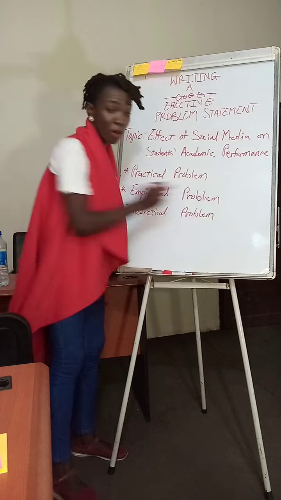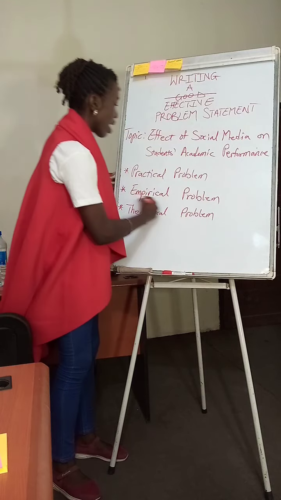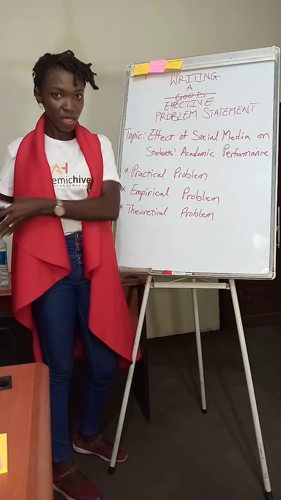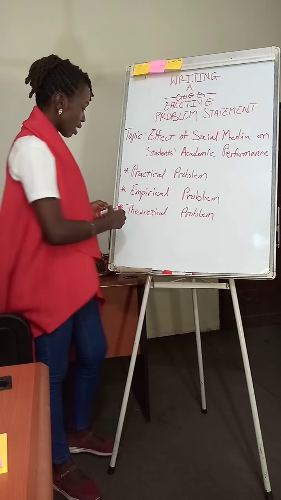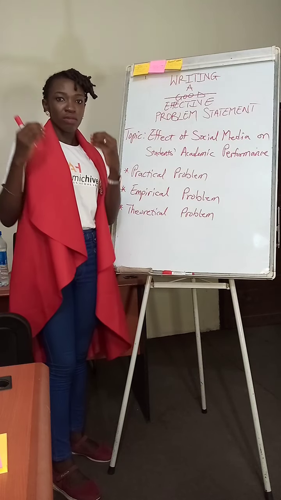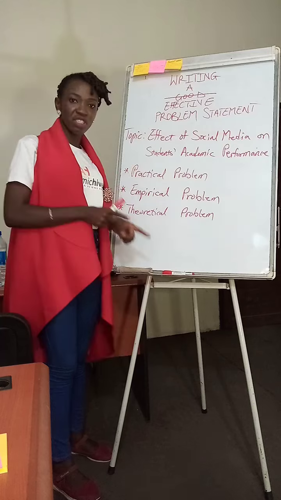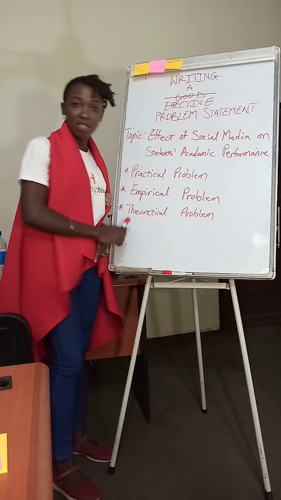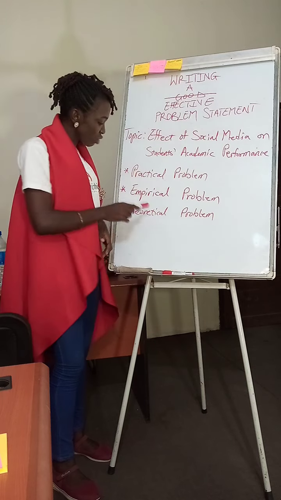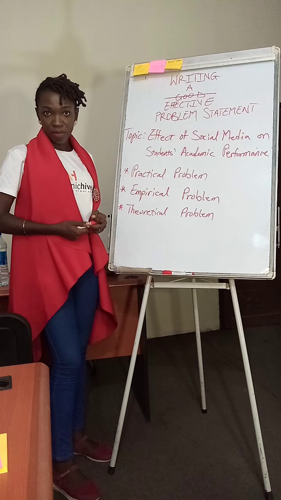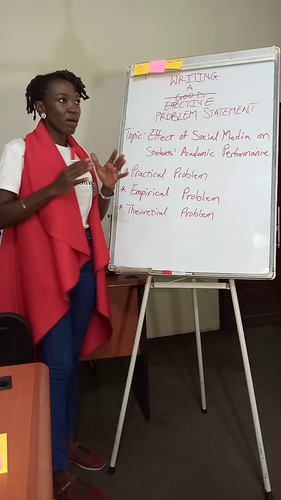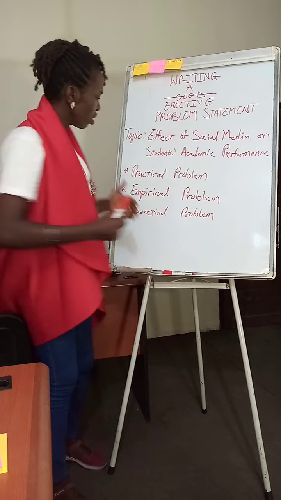The practical problem, what is observed; the empirical problem, what other people have done and what they have not done that you intend to do; and the theoretical problem, the theory that you intend to understand through your research, that you intend to advance, or modify, or refute, or support.